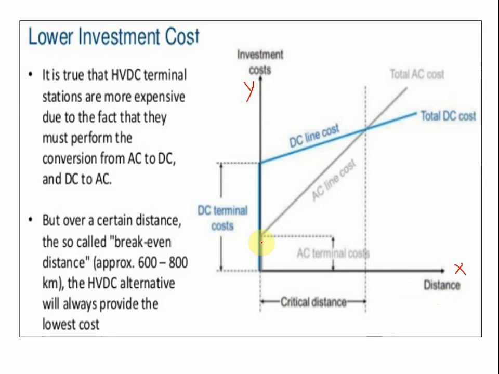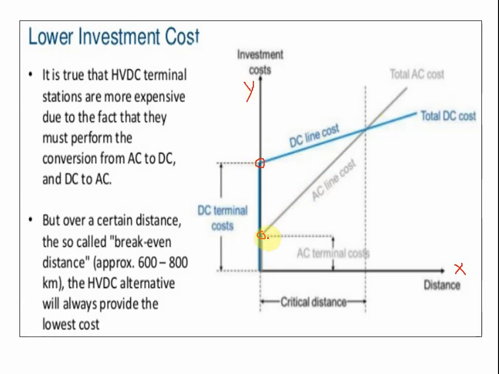Now you observe that the AC line cost graph starts from this point, right? And the DC line starts from this point. So obviously, if you compare these two points, the AC line starts from here and the DC line starts from here.